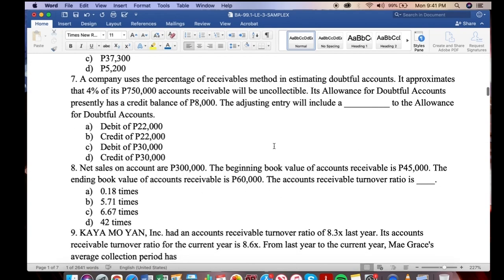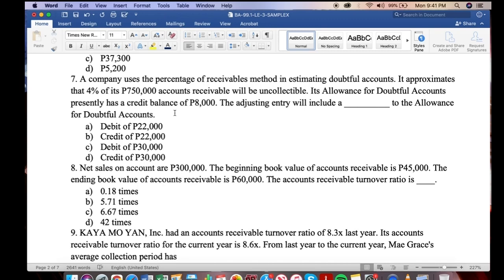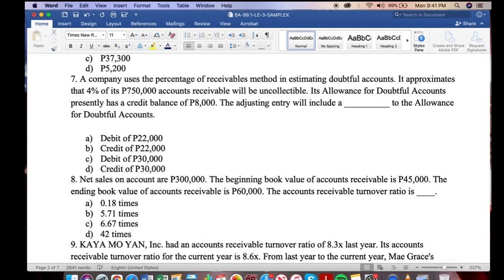Number 7. A company uses the percentage of receivables method in estimating doubtful accounts. It approximates that 4% of its 750,000 AR will be uncollectible. Its ADA has a credit balance of 8,000. The adjusting entry will include a blank to the ADA. So remember, again, na percentage of AR na yung gagamitin.